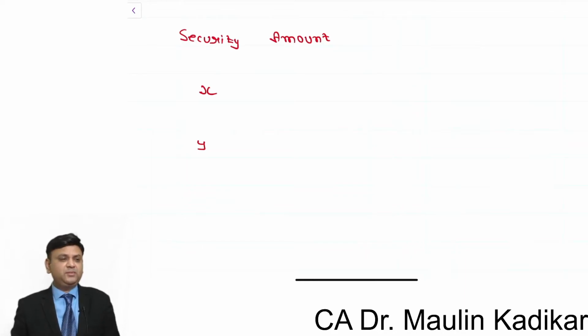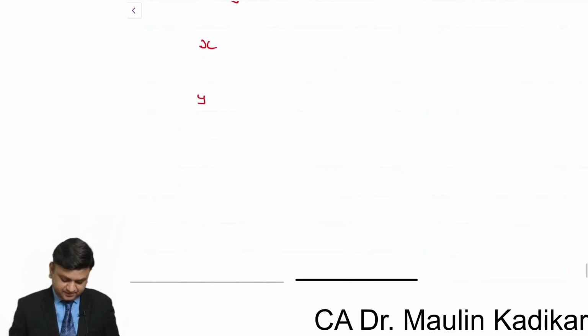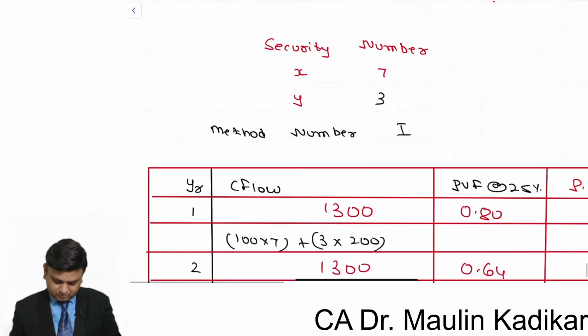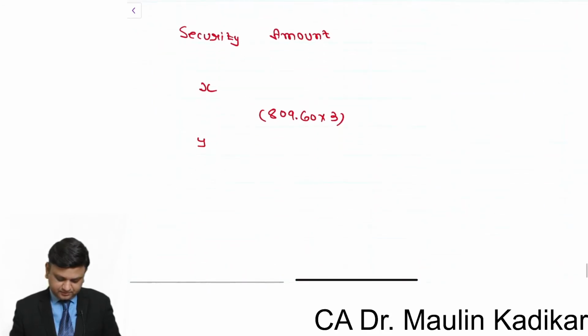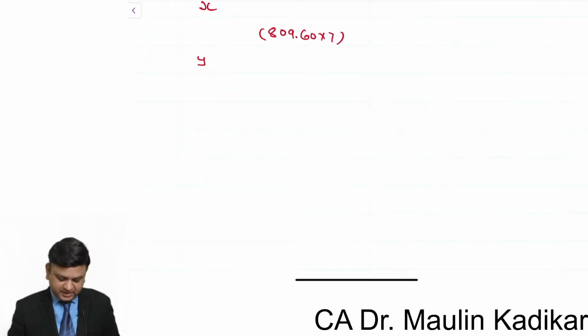It is only a matter of pure coincidence that the price of both of them is the same. So it is 809.6 into 7, and for security Y it is 809.6 into 3.